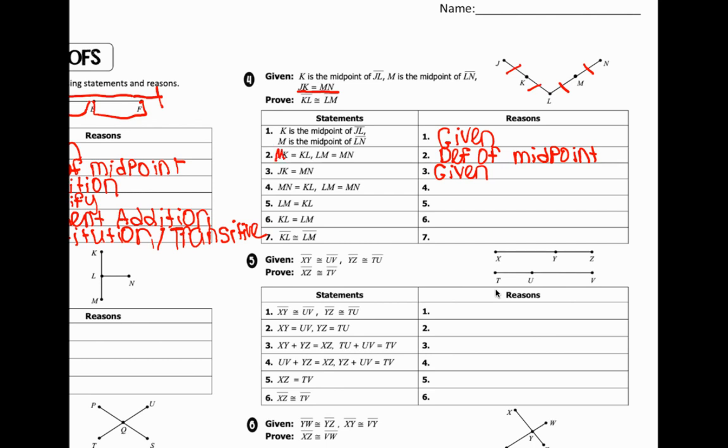And then here they said LM is equal to MN, so they left that the same. So all they did was substitute MN for JK. So I would call that substitution, but I would take transitive as well.